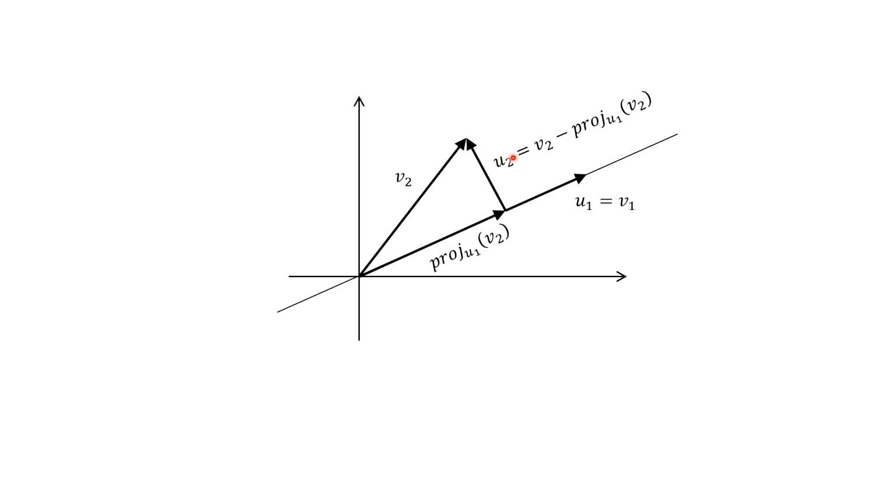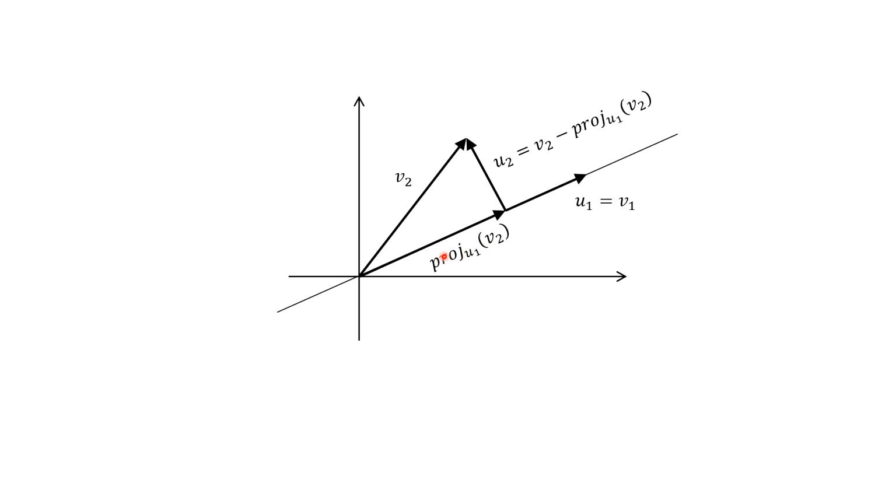Then we need to form u2, and first we take the projection of v2 onto the line formed by u1. So we drop a perpendicular down, and then this vector here is the projection of v2 onto u1. And then u2 is v2 minus the projection. So it's this vector here.